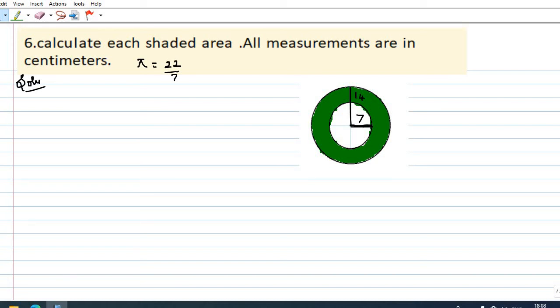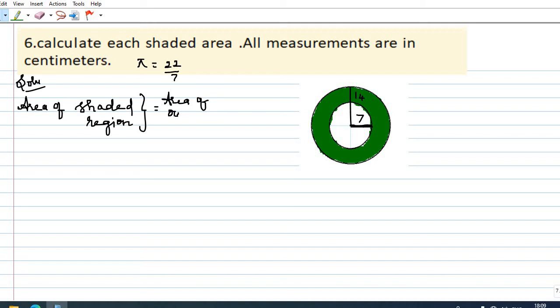Listen, area of shaded region is equal to area of outer circle minus area of inner circle.